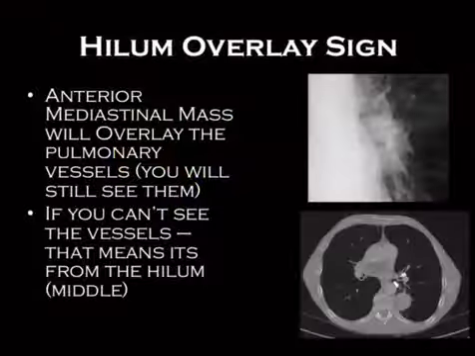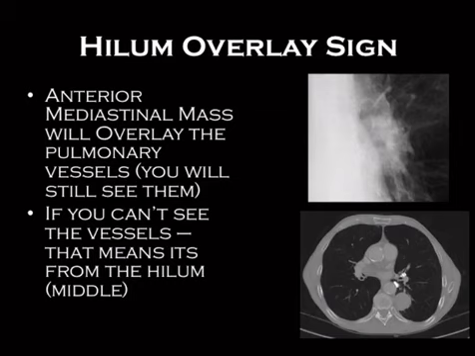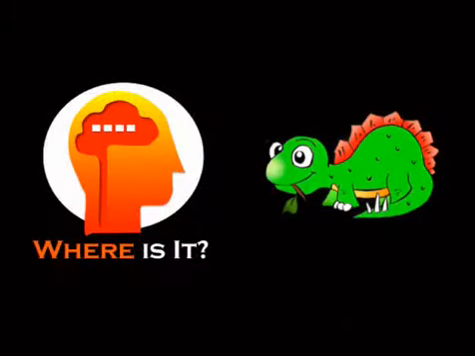And this is the so-called hilum overlay sign. So if you have a mass that is either anterior or posterior to the hilar vessels, you'll be able to see the hilar vessels through the mass. If it's at the level of the hilum, you won't see the vessels. They'll blend in together like the two orange circles on my diagram.